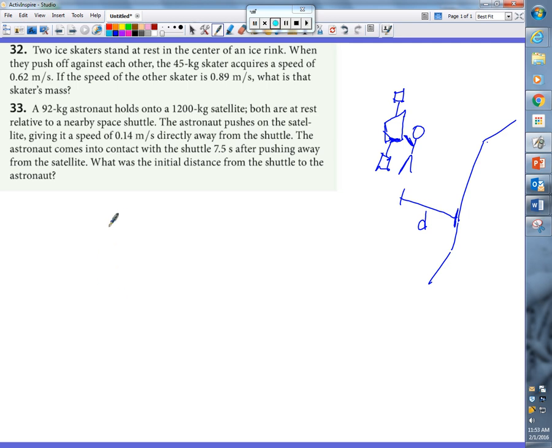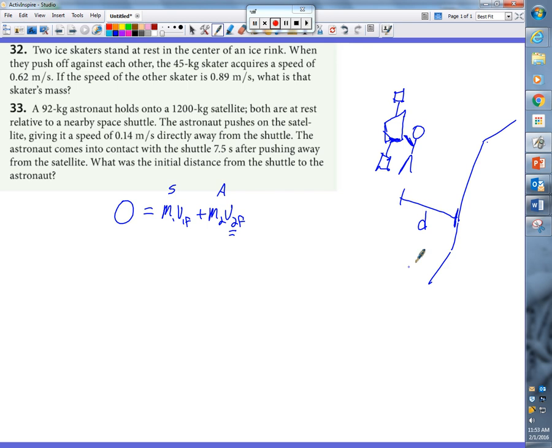Now, they both start at rest. So just like in the last problem, the entire left side of the equation can go to 0 because they both start with a velocity of 0. You get M1 V1 final plus M2 V2 final. Let's call this the satellite and this the astronaut. You have those two values, and you have the mass of the astronaut. Then you want to find the final speed of the astronaut.